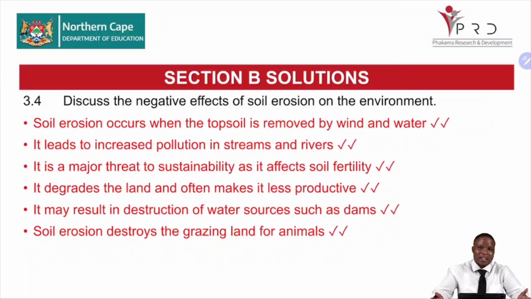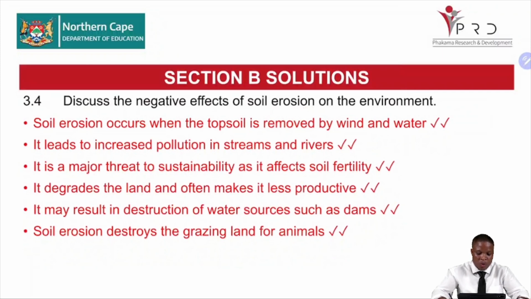And once it's been removed, it is non-renewable. It leads to an increase in pollution in streams and rivers. It is a major threat to sustainability as it affects the soil fertility. It degrades the land and often makes it less productive. It may result in destruction of water sources such as dams.